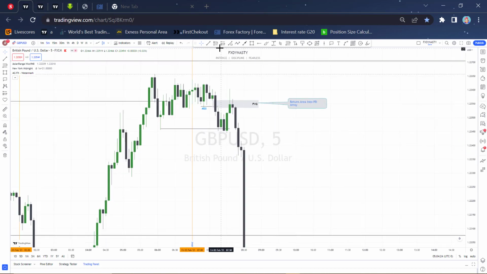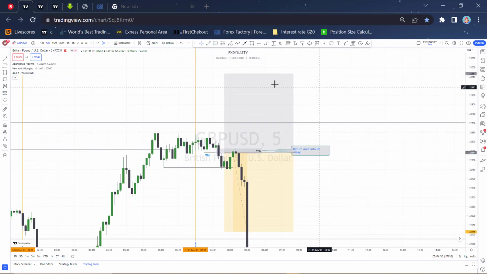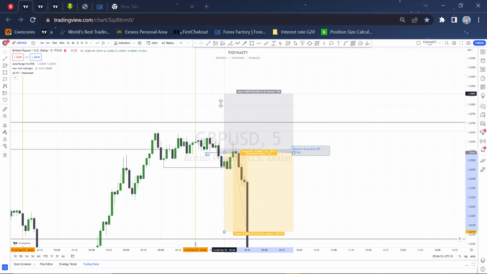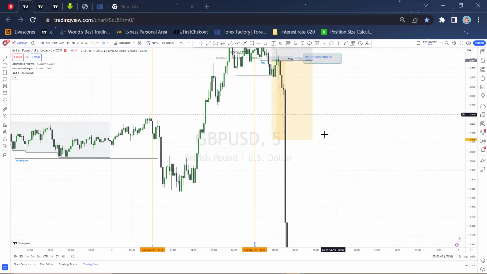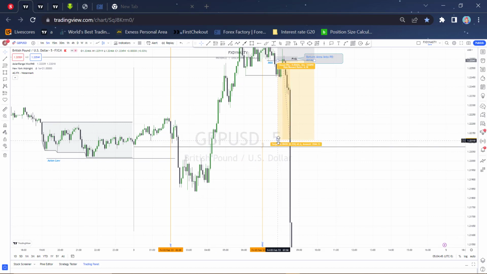So I took my trade. This was before the news release for NFP. I took my trade because I was expecting a bearish day. It was actually a live execution, and I had my stop loss placed. I was targeting this low down here.